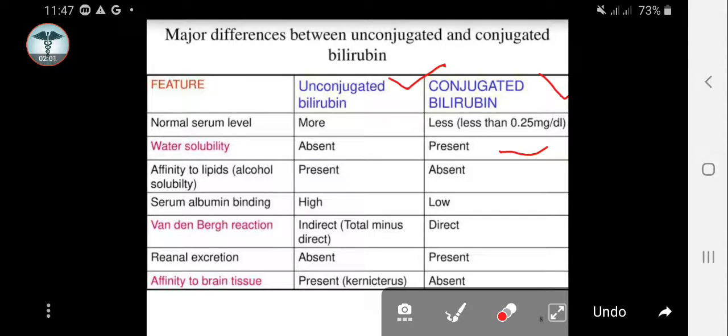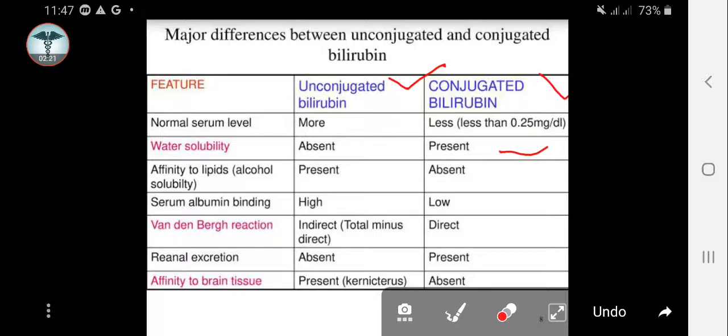Serum albumin binding of unconjugated bilirubin is high, as you know that it is produced in the macrophages mainly of the spleen. Now from this part, i.e. spleen, it is transported through blood into the hepatocyte for the process of conjugation.